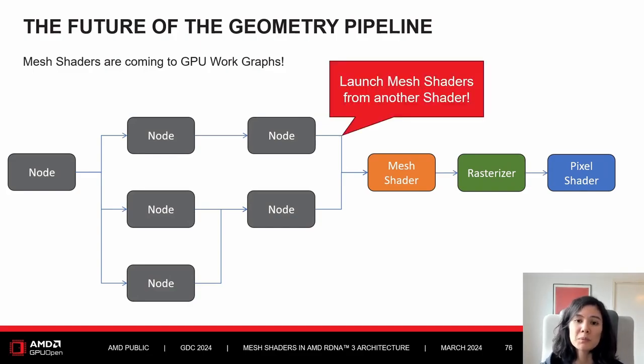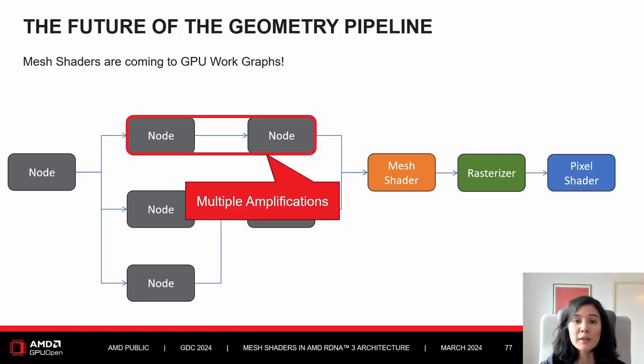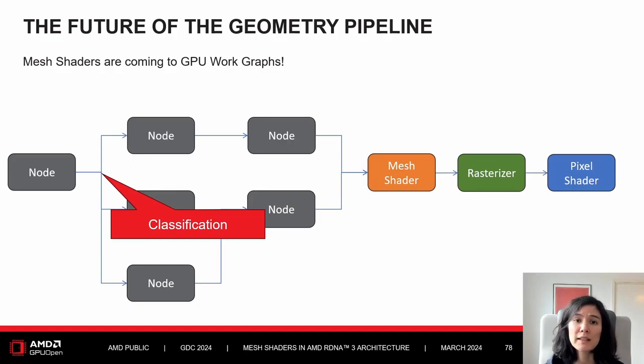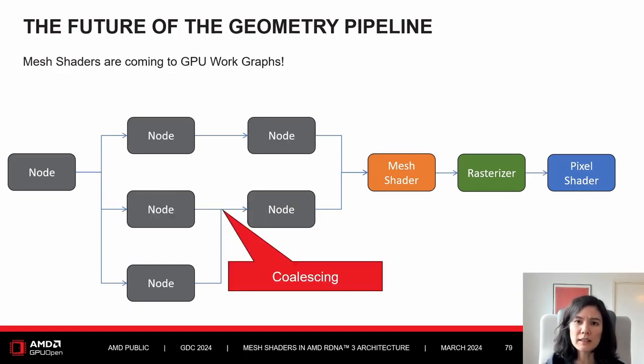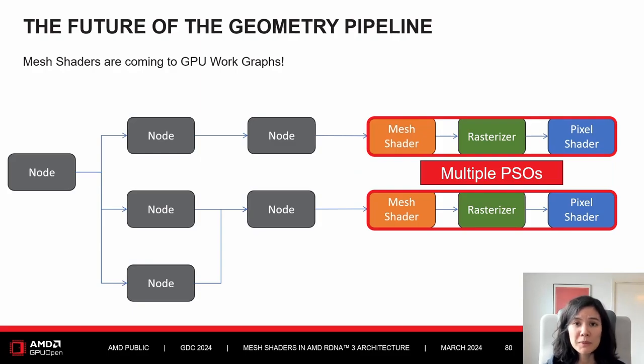So it will be possible to launch mesh shaders from another shader. You can do multiple amplifications, which is not possible when you're using amplification shaders because they allow only for a single level of amplification. So you can do classification and then coalescing, and you can have multiple PSOs. So GPU-driven rendering is becoming much more flexible and is now also supporting draw calls with mesh shaders.